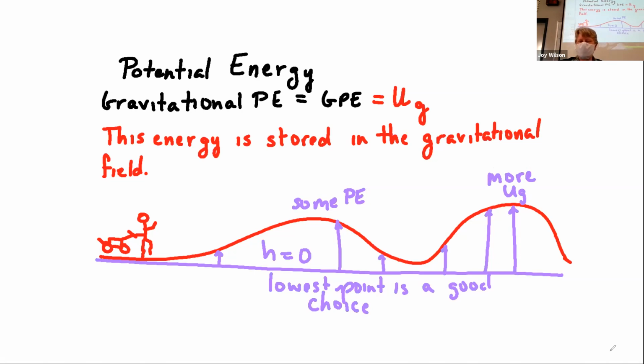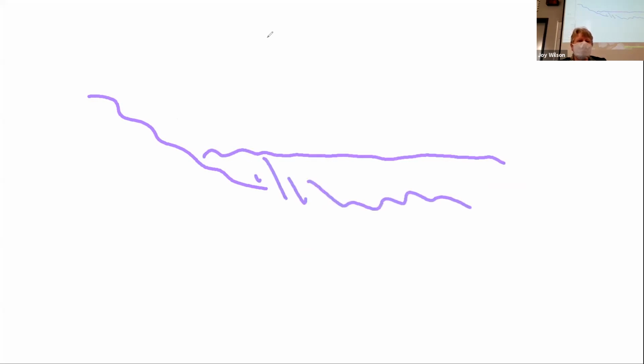But let me give you a caution here, because let's say, and it's way too cold to do this now, a couple of weeks ago would have been fine, but let's imagine for a second that here's the beach, and there's the water, and it's a lovely day, and we want to go play in the water. If I make the top of the water height 0, then what happens when I'm down here doggy paddling for my life?